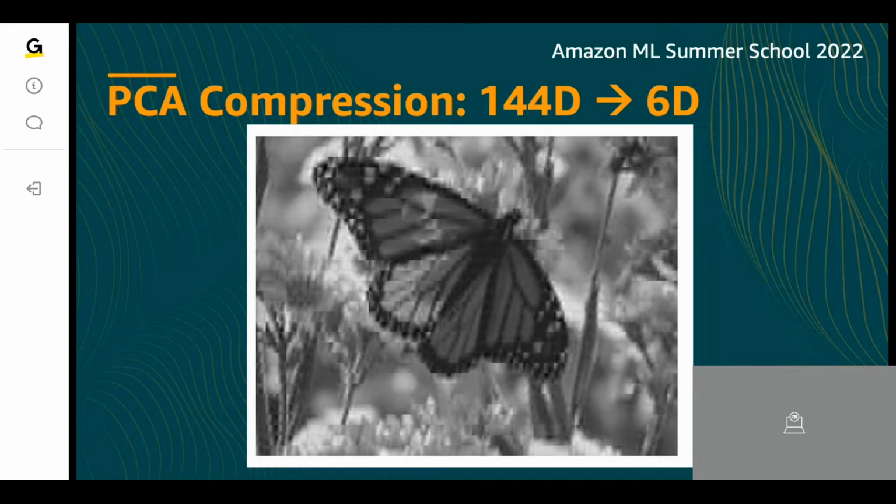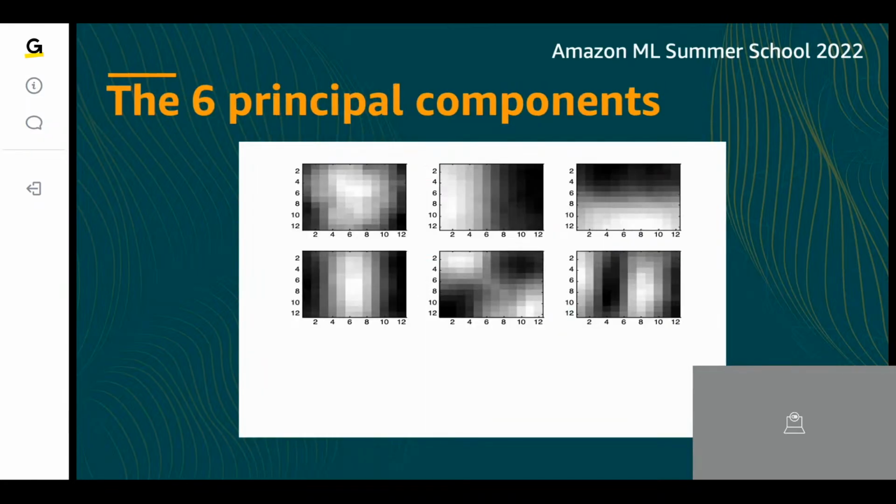Even at a 6-dimensional image, it's quite understandable. For this 6-dimensional image, the principal components look like this. The individual components may not be quite readable, but they are able to reconstruct the image back for you. Okay.